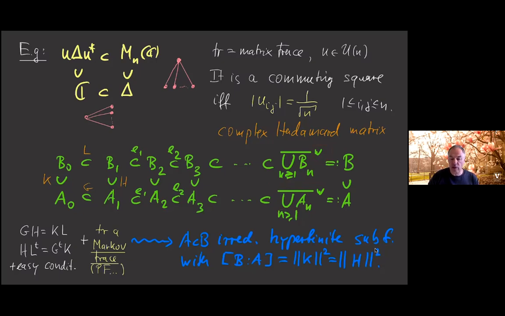You take the weak closure of the union and you get a hyperfinite von Neumann algebra, which, if the trace is extremal, which it will be, for instance, if all these inclusion graphs are finite and connected, and the Markov trace comes from the Perron-Frobenius eigenvector, because of uniqueness of the Perron-Frobenius eigenvector, you will get hyperfinite subfactors, which under very mild assumptions on the graphs will be irreducible. Okay, so what this gives you is hyperfinite subfactors whose indices are the norms of these graphs. So this is a bare hand construction of hyperfinite subfactors.